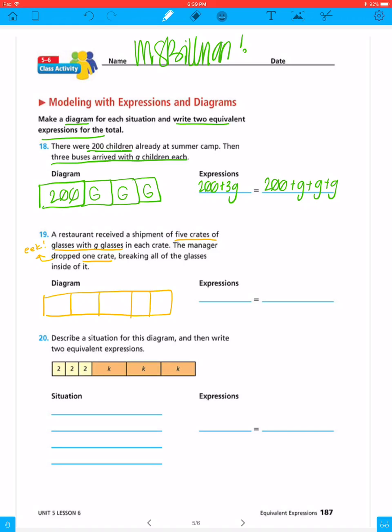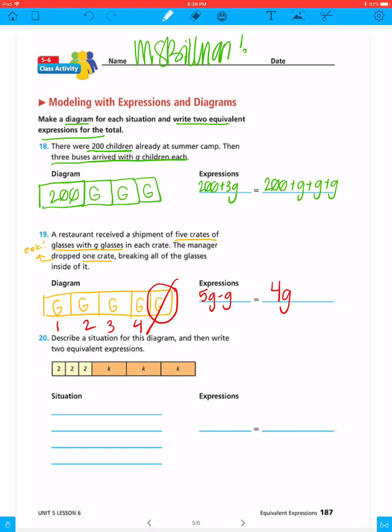I'm going to label them each G, because they're crates with G number of glasses inside them. Now I'm going to subtract a G. I'm going to grab my red and circle it and subtract it because the manager broke it. They said, bye crate, you don't need you anymore. So I could do 5G minus G, or I could be really tricky and just write 4G.